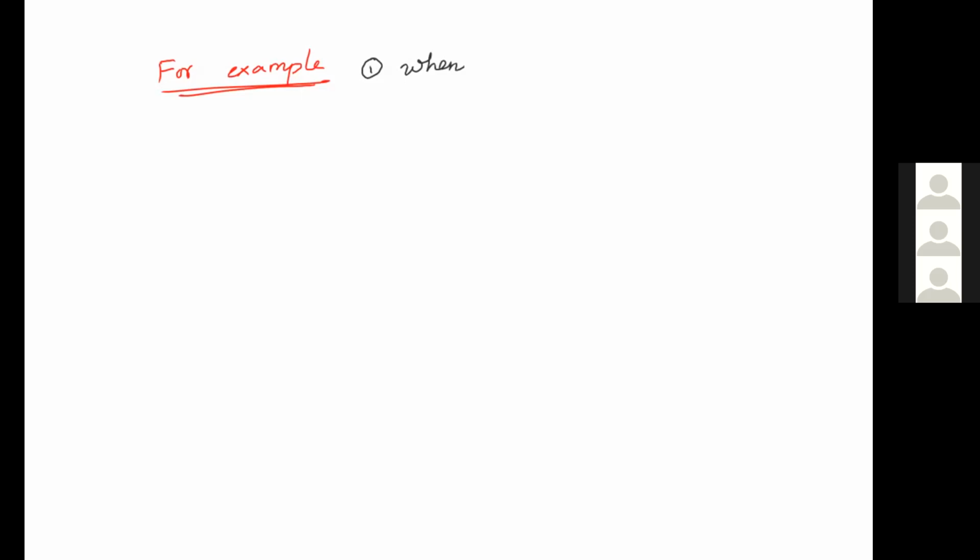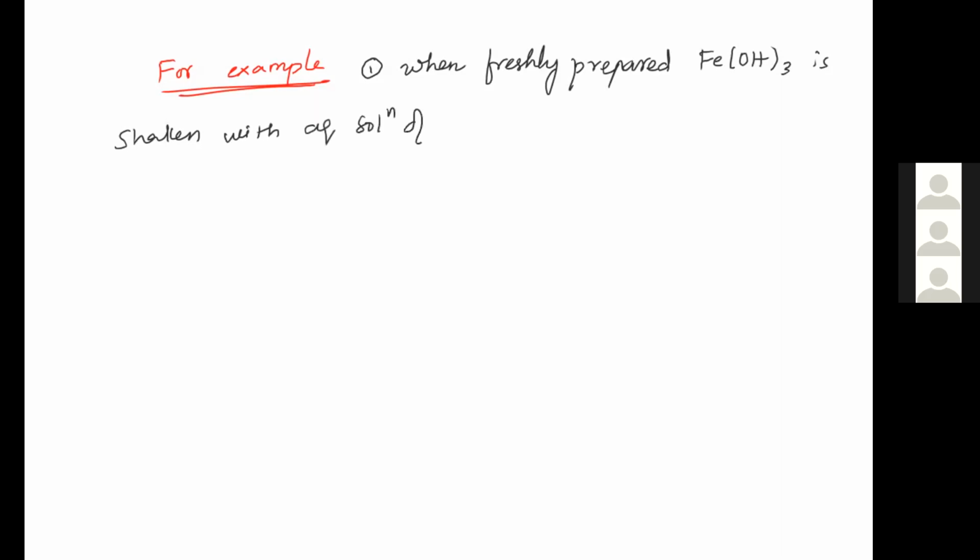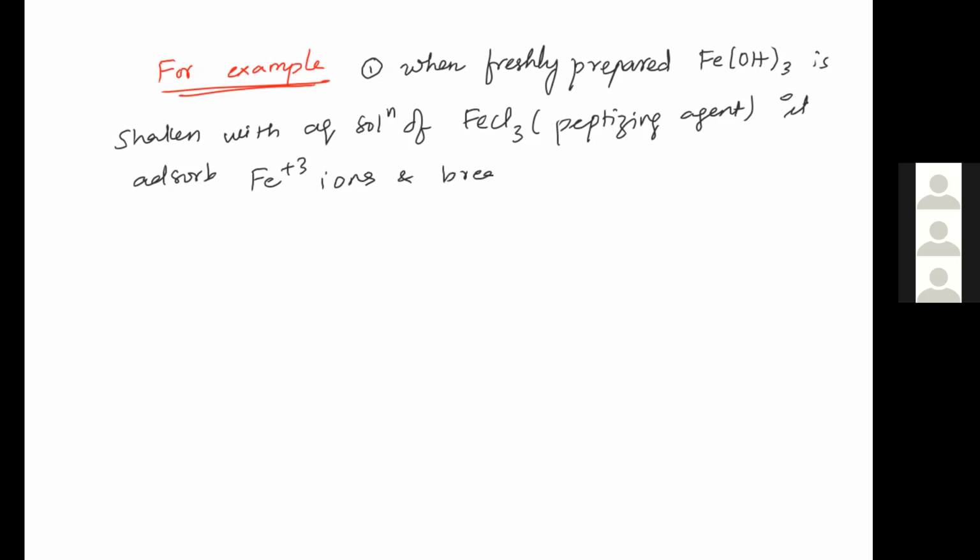So when freshly prepared Fe(OH)3 is shaken with aqueous solution of FeCl3, which is acting as the peptizing agent, it is going to adsorb Fe+3 ions and break further into small sized particles.